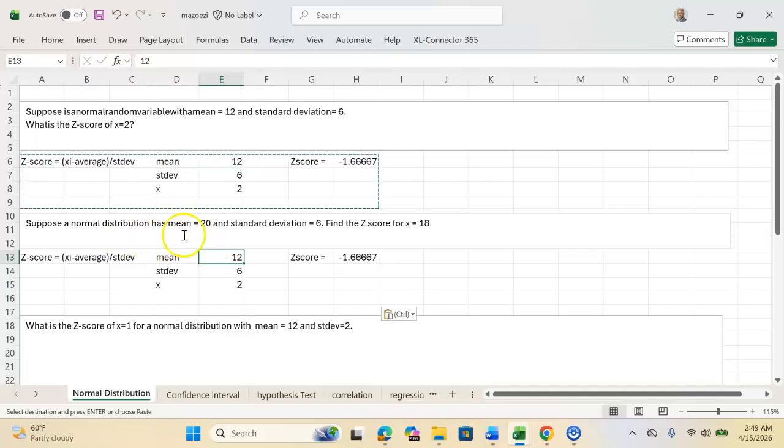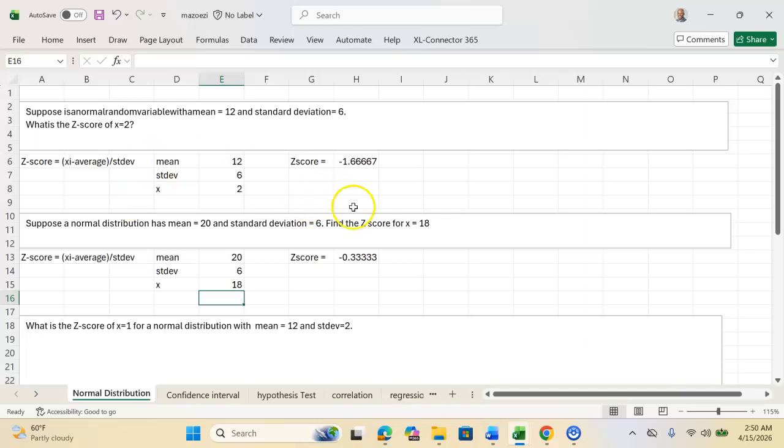So the average in this case is 20, not 12, the standard deviation is 6, and x is 18. I don't have to redo the z-score because I copied everything, and so I have my z-score, which is minus 0.33. It means that 18 is minus 0.33 standard deviations from the mean.